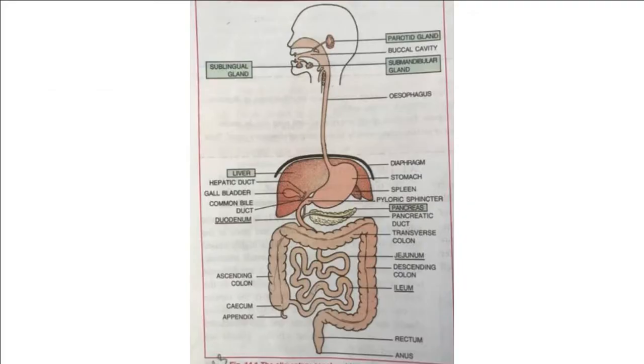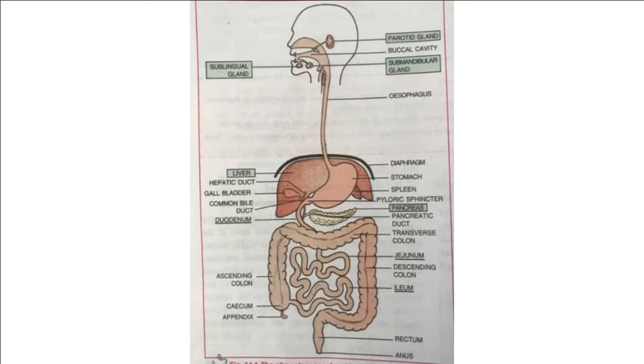First, the tongue will help in mixing and pushing food into the next part. The lower jaw will also help in pushing food into the next part, that is the esophagus. The soft food will get mixed with the saliva.